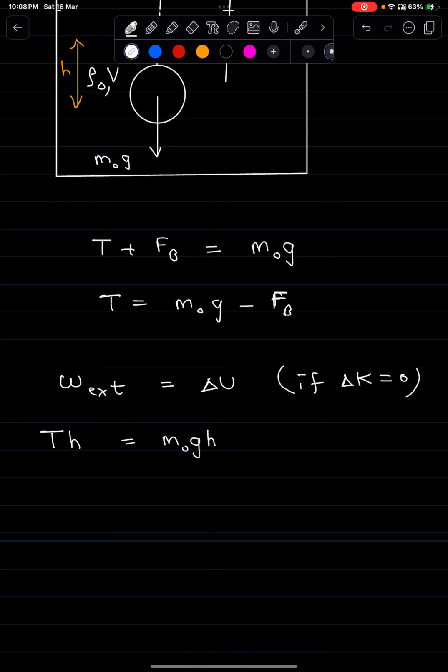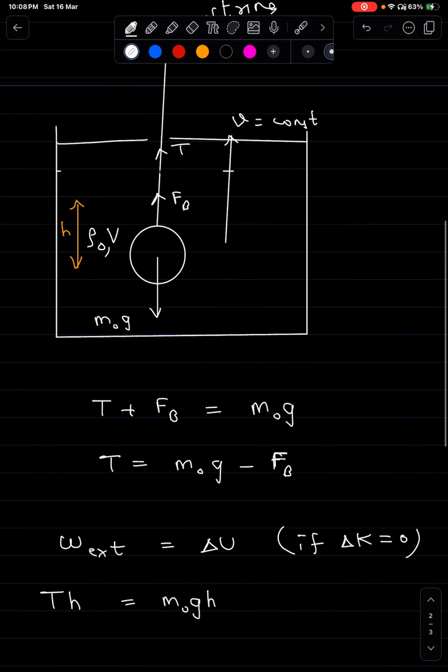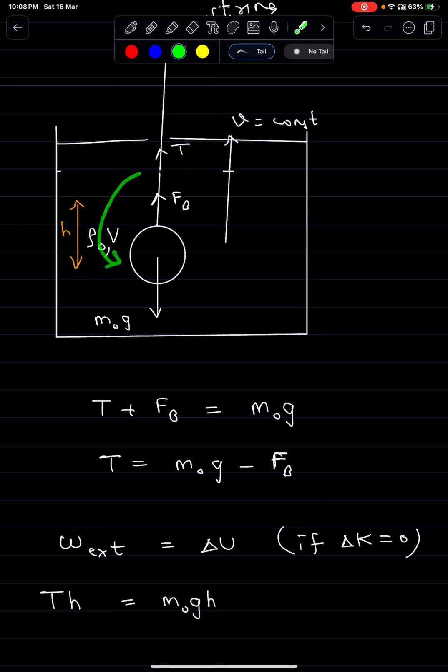But apart from that, since the object has moved up, the surrounding liquid has moved down. I mean, the surrounding liquid will fill up the space of the object. So as the object moves up, effectively, the water over here will come down and take up the space of the object.